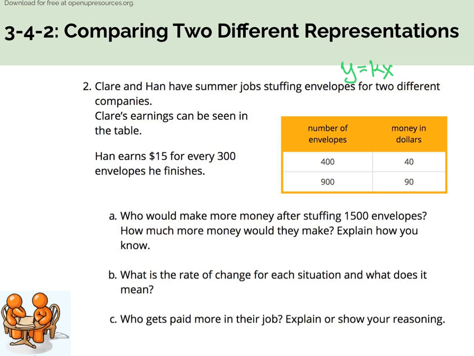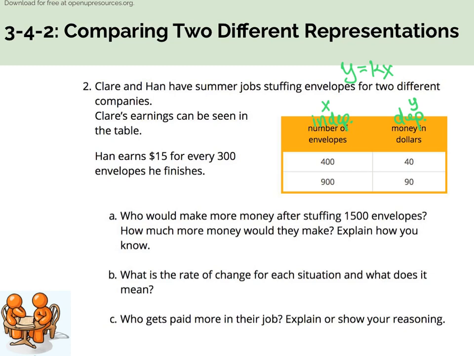Does the number of envelopes depend on the money, or does the money depend on how many envelopes you stuff? So the money is the dependent, and the envelopes is the independent. And by definition, independent is always x, dependent is always y.